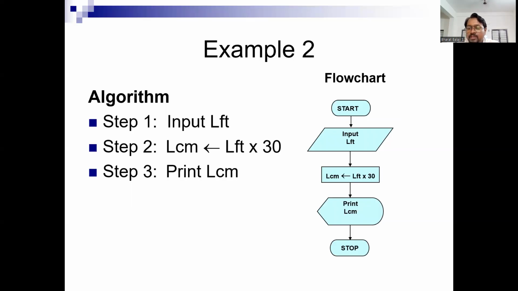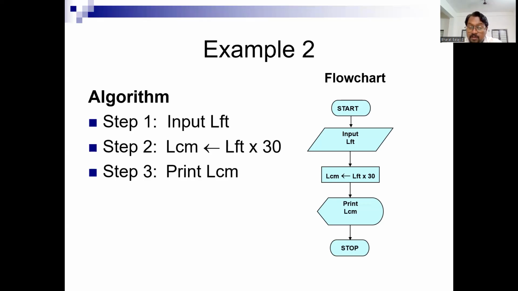For that, the flowchart starts with an oval, and an arrow leads to the input LFT, the length in feet. This is input. After taking the input, we convert the length in feet to centimeters. The formula is length in feet multiplied by 30 to get the centimeters, and this is a process, written in a rectangular box.